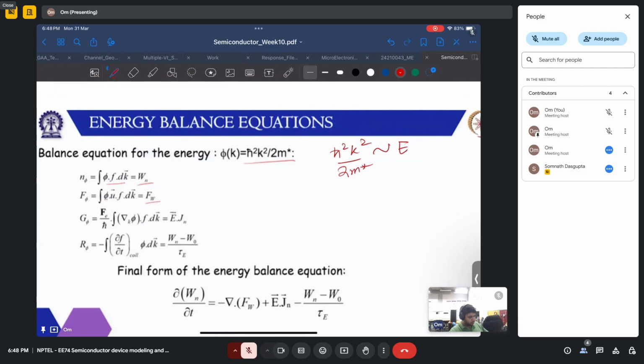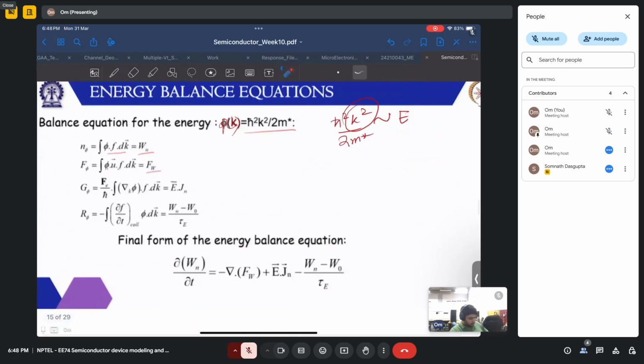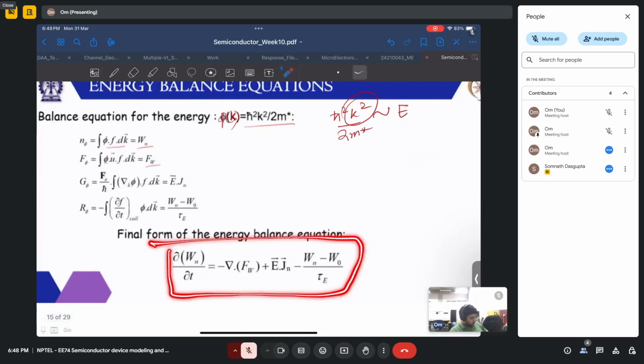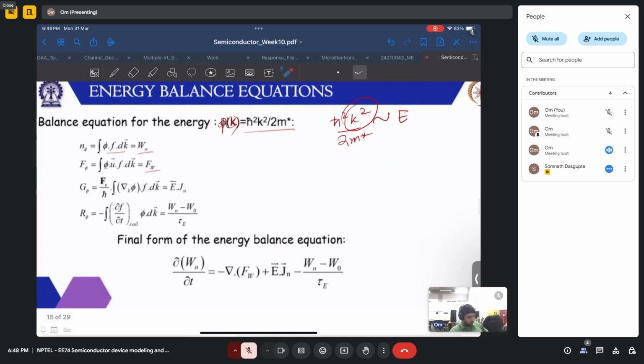Then we derive the energy balance equation, which is this, where the W's are energies, Fw is the energy flux, Jn is the current, E is the electric field, and tau E is your energy relaxation time.